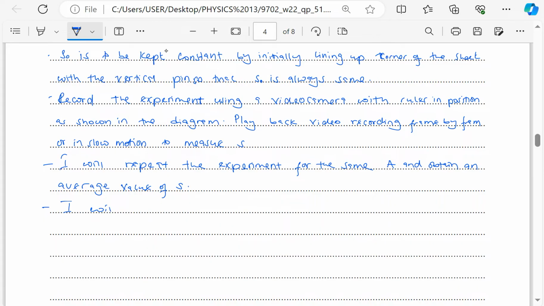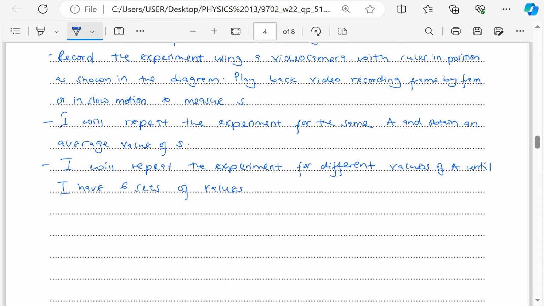So I will repeat the experiment for different values of A until I have, say, 6 sets of values. So I'll repeat the experiment for different values of A until I have 6 sets of values.